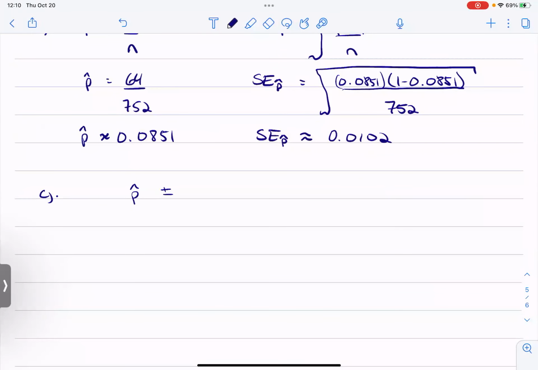But okay, p hat plus or minus the z star for a 90% confidence interval times the standard error of p hat.